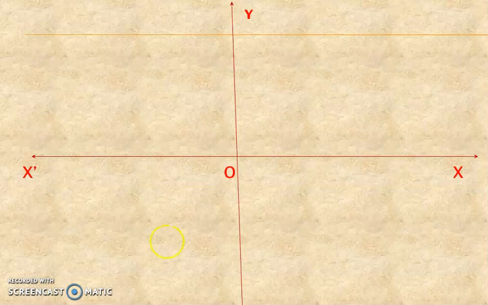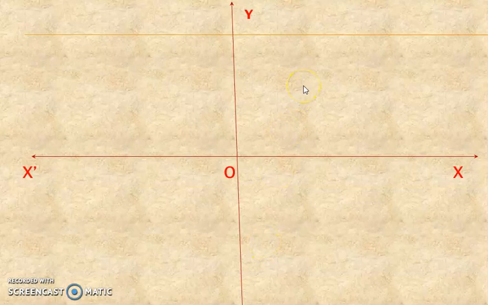Now the point of intersection of these two axes, x-axis and y-axis, is the origin, usually represented using the capital letter O. Now these two axes divide the plane into 4 quadrants.